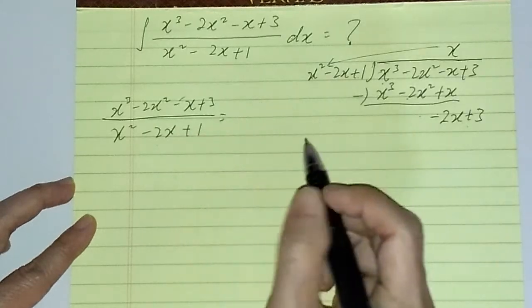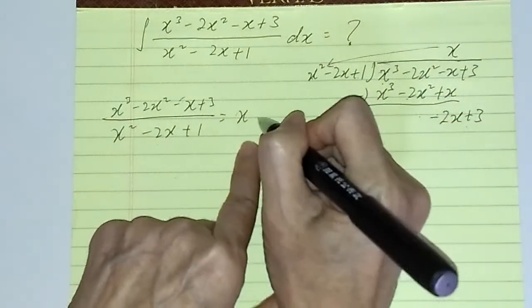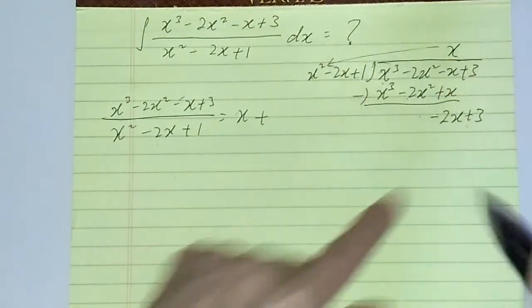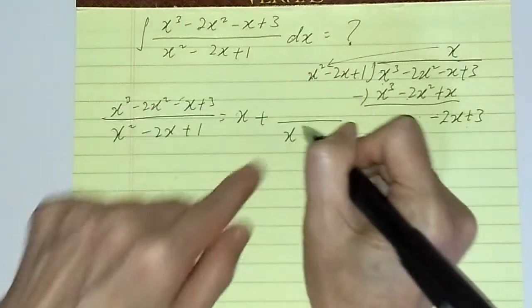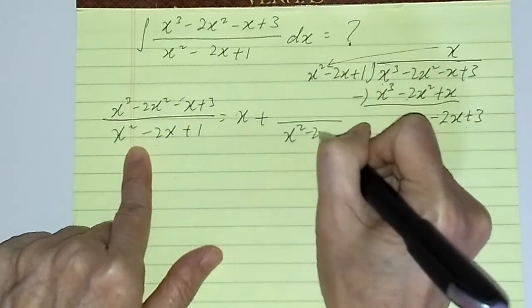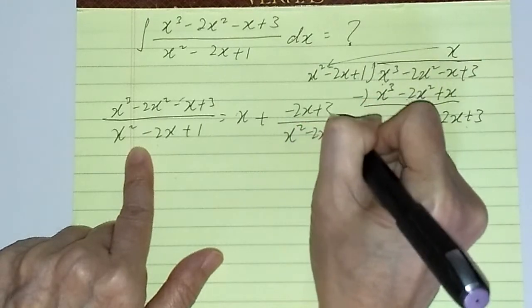So when we break down into small fraction, will be x plus the remainder. So remainder, the denominator is this divisor. Remainder is minus 2x plus 3.